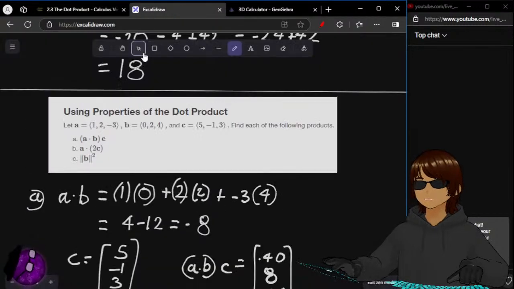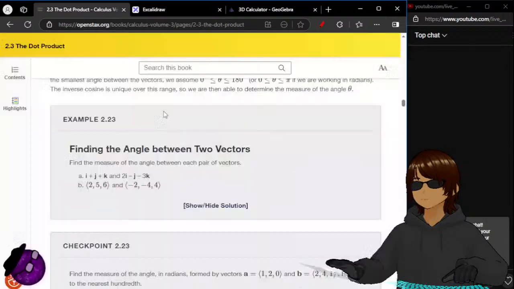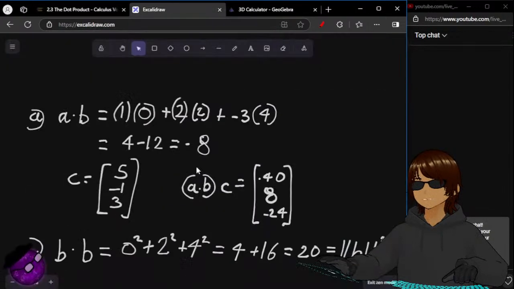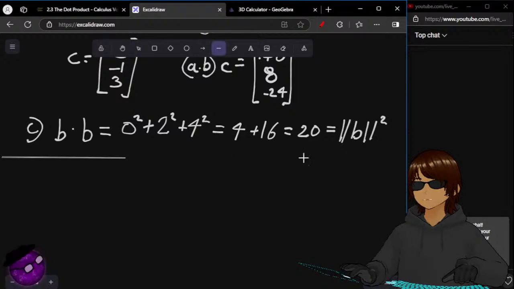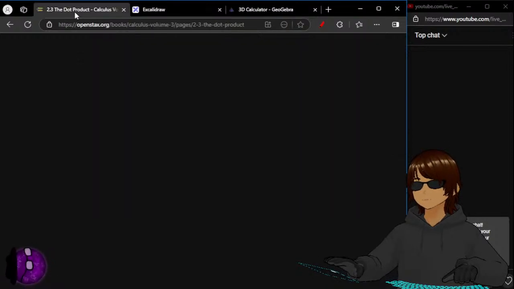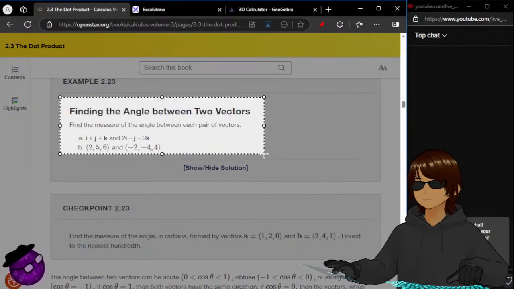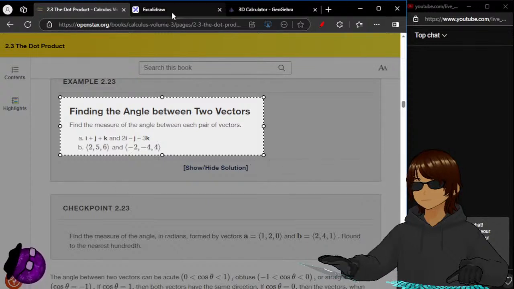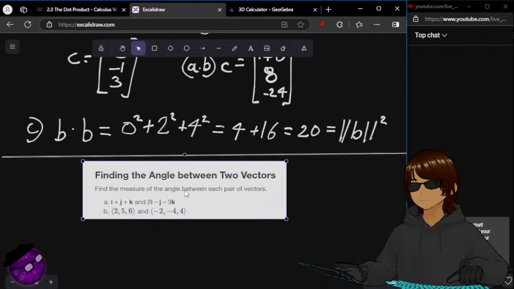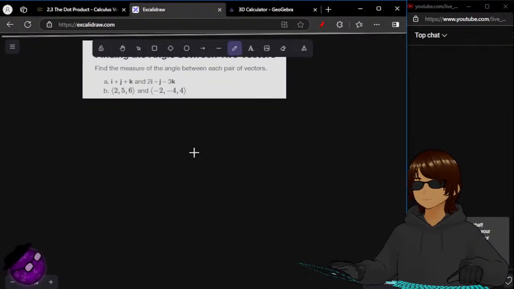Okay, let me just delete. So, what they want is... so the equation is that the dot product of u and v is the magnitude of u.